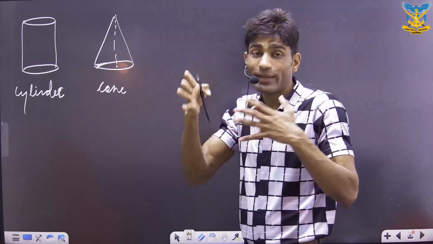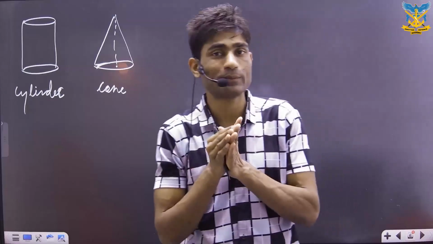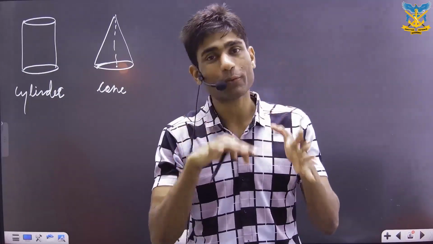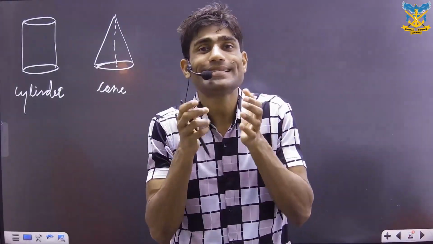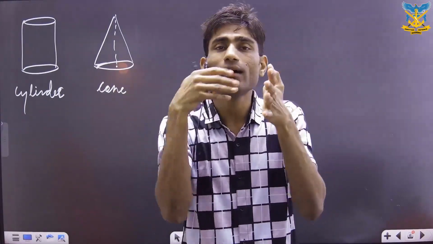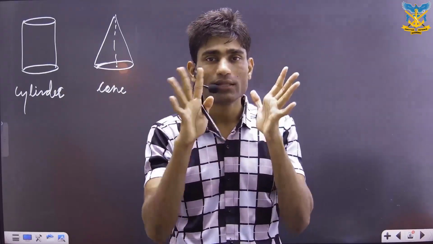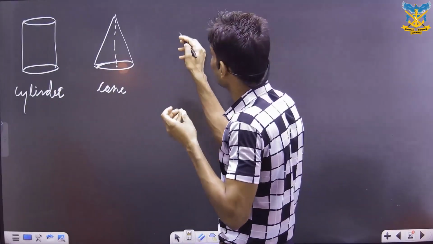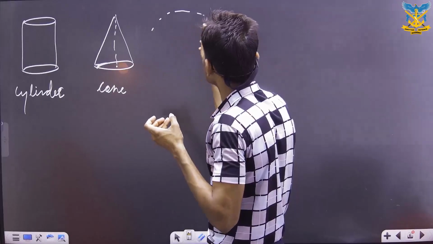Now let me explain the sphere. What is meant by a sphere? I know that you all play football and volleyball. This type of figure we consider a sphere, because it is completely rounded, like a spherical shape. Let me draw the sphere here first.